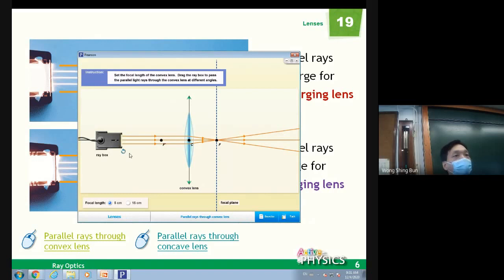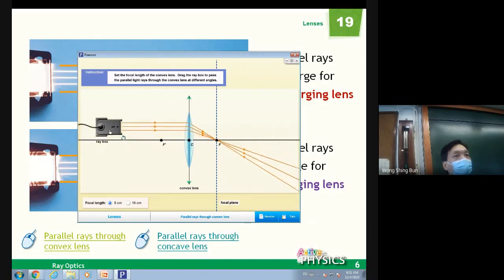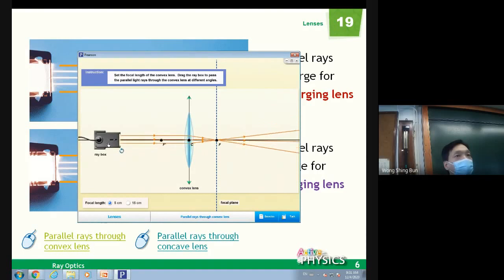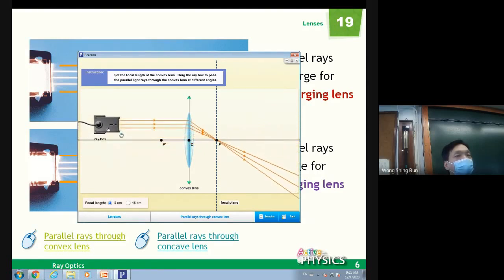Now, what will happen? Here, you can rotate. Can you see it? When I move it up, all the light rays will pass through the focus because these three light rays are parallel to each other.